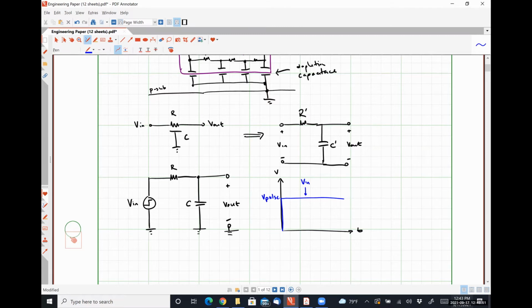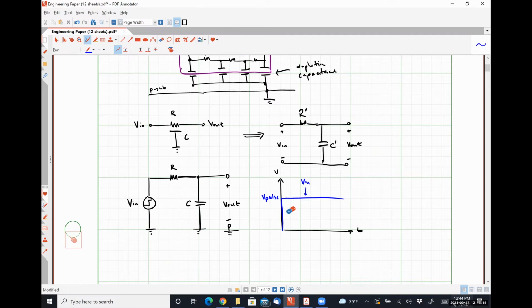So what happens if I apply a unit step function to an RC network? What is the transient response of any RC or RL network going to look like? An exponential function, right? So this will be my output signal.